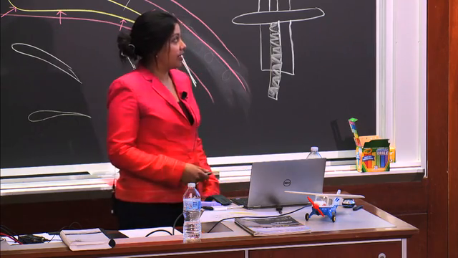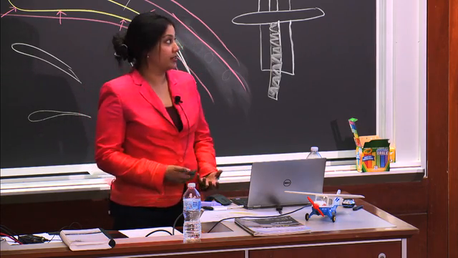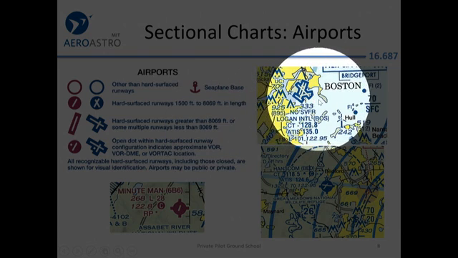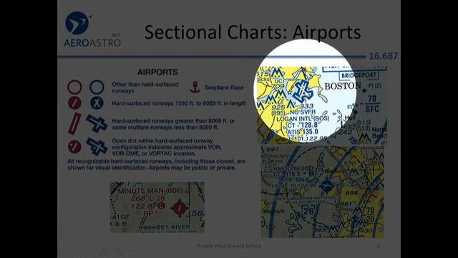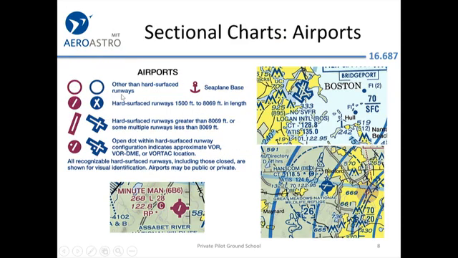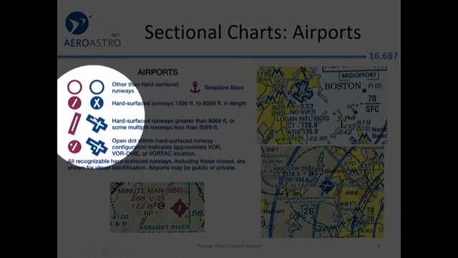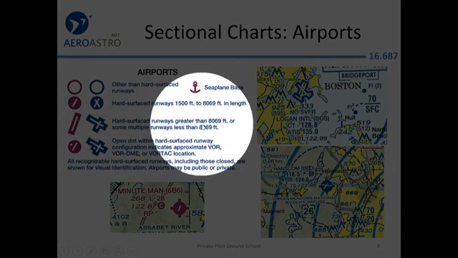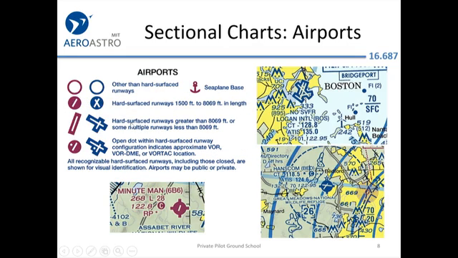Another area we'll focus on is what airports look like. Over here is a part of the sectional that has Boston Logan Airport. You see all these lines that are outlined in blue. If you look over at the legend, it describes exactly what that means. Lines outlined in blue are hard surfaced runways greater than 8,000 feet.